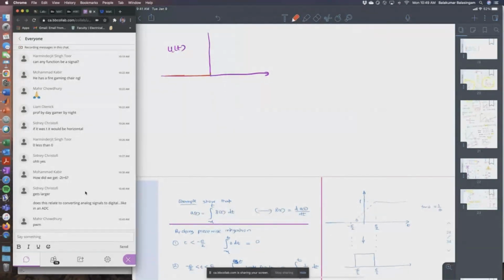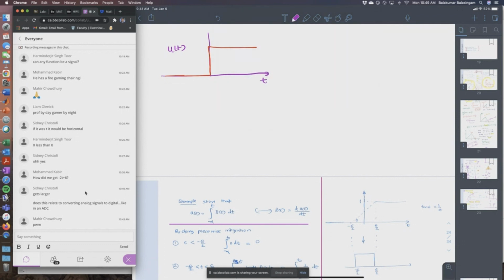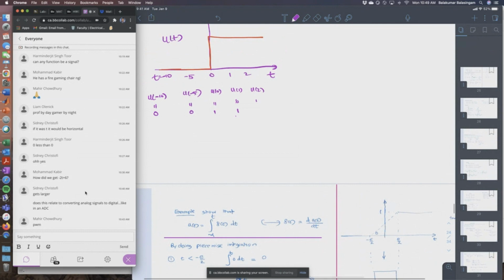For values of t equal to minus 10, minus 5, 0, 1, 2, it is u(minus 10), u(minus 5), u(0), u(1), u(2). u(minus 10) is 0, u(minus 5) is 0, and from 1 it keeps going at 1.